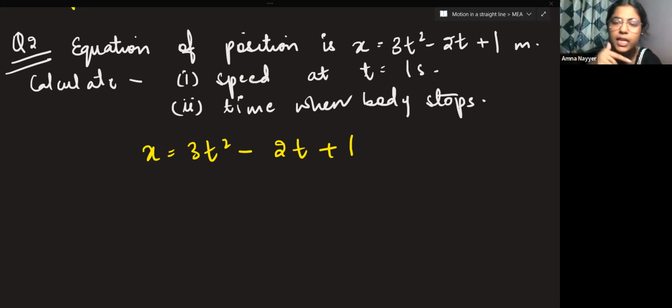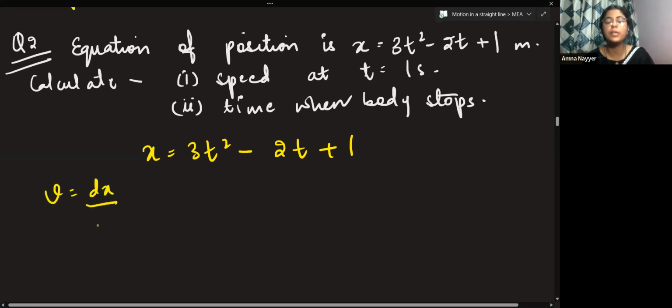Whenever you have an interval, it will be starting from something, ending at something, like from 0 to 2 seconds, or from 4 to 5 seconds. Even in normal everyday life, we use time intervals. This is an instant given, meaning exactly at t equal to 1 second you have to tell the speed. So we have to differentiate to get the speed equation.